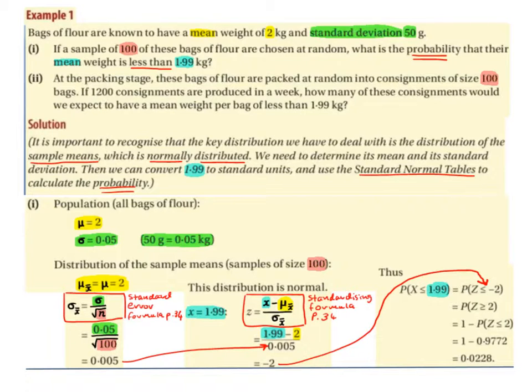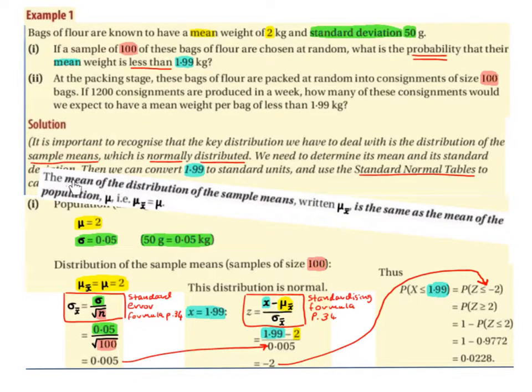Okay, so the population, which is all bags of flour, we're told in the question the mean is 2 kilograms. The standard deviation is going to be 0.05, because we're told in the question the standard deviation was 50 grams, but we have to convert that into kilograms, so 50 grams is equal to 0.05 kilograms. Okay, so the distribution of the sample means for samples of size 100.